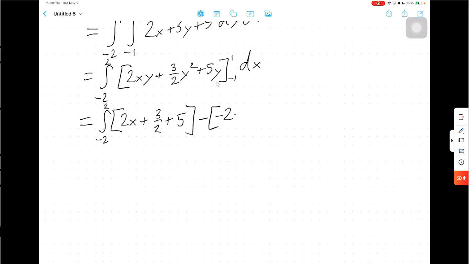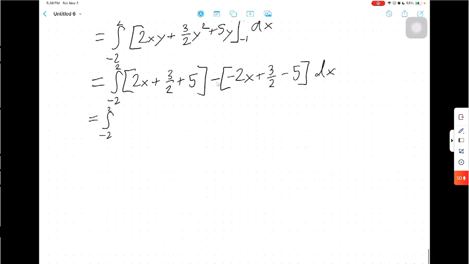Minus this becomes negative 2x plus 3 halves again minus 5. So 2x minus negative 2x, that's going to be 4x. The 3 halves cancel, and 5 minus negative 5 is 10.